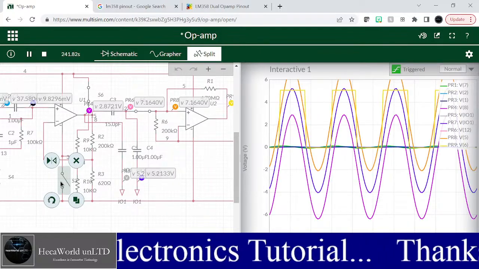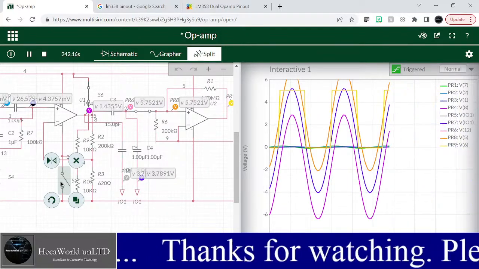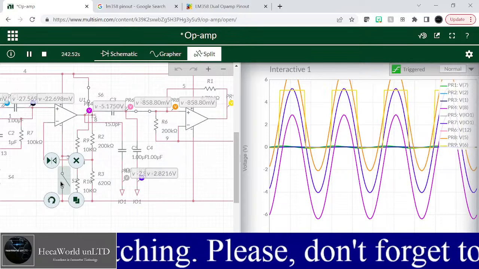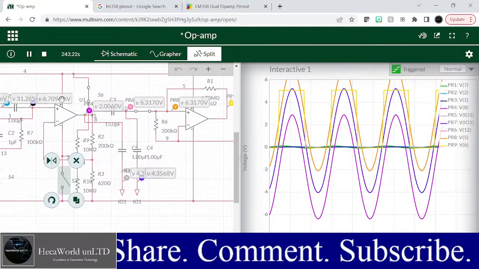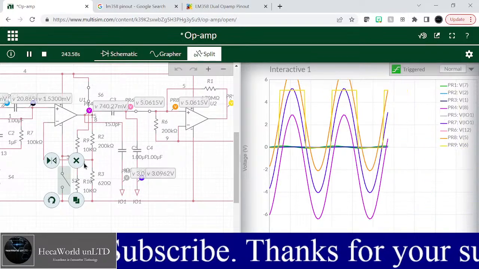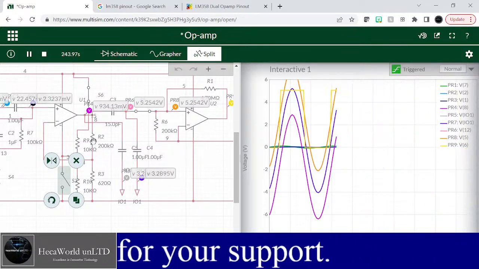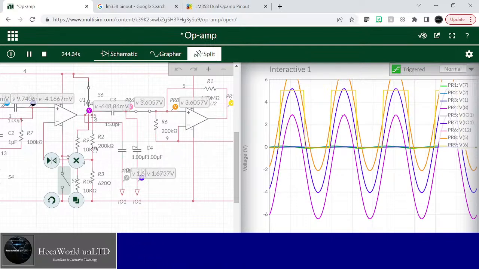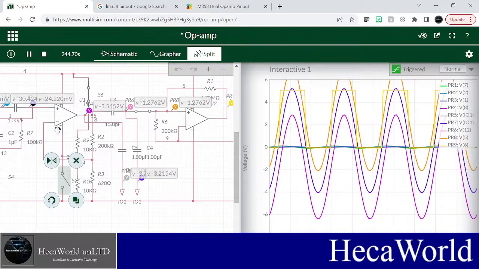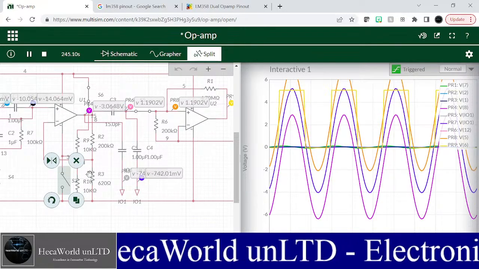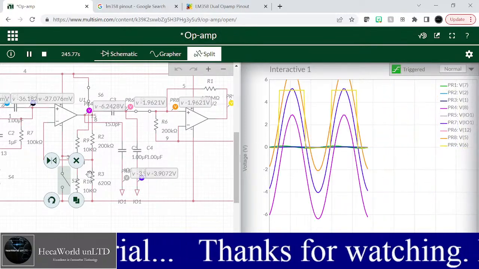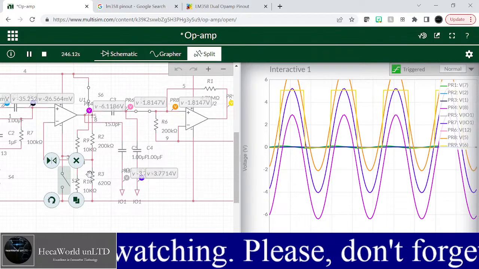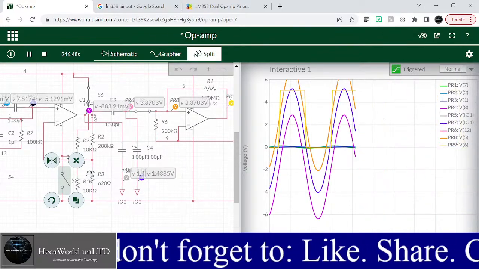So how are we going to achieve this? In our next video, we're going to connect two components in addition to that circuit. We're going to have two resistors in series, one terminal to ground, one terminal to the VCC, and then the center of it connected to pin 4 of the LM358.